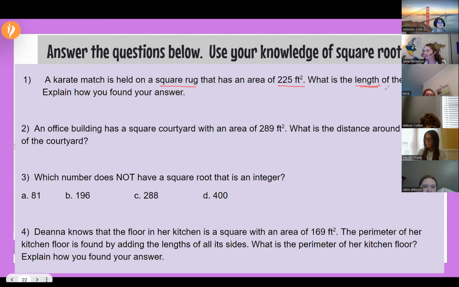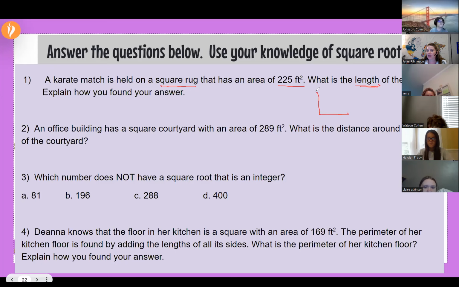Someone else said 15. All right, Colin, tell us what you think. Colin said 15. Where are they getting 15? Why would the length of the mat be 15? Well, it's a square root of 225 is 15.